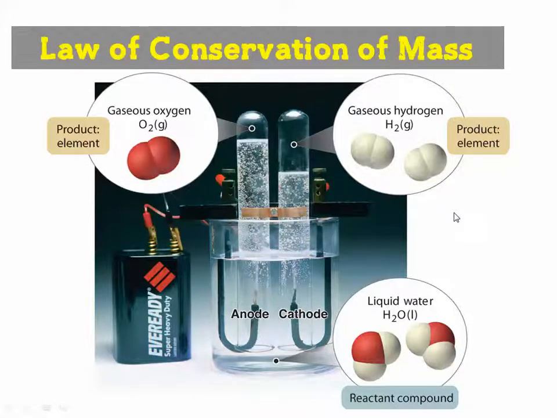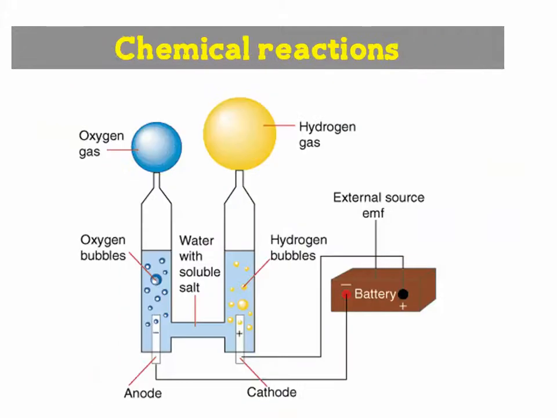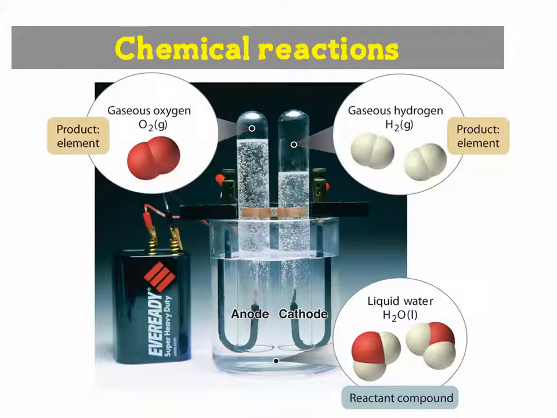So this is actually an example of the law of conservation of mass, which basically states that matter cannot be created or destroyed. But before I get into that, I just want to go over some other examples of chemical reactions. We saw some things burning and exploding.